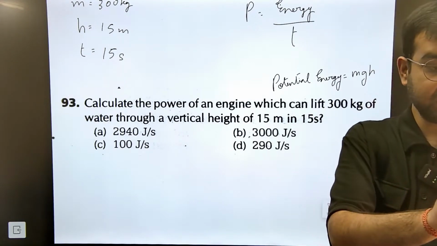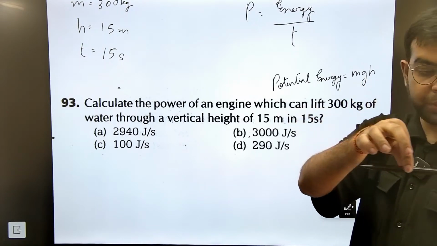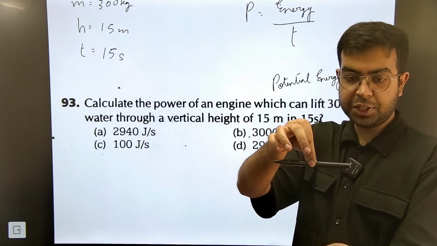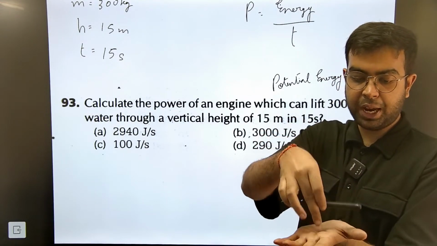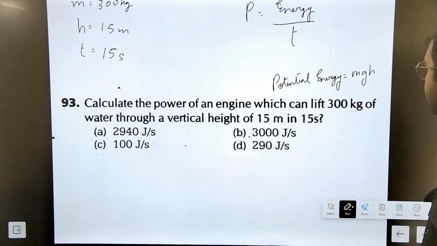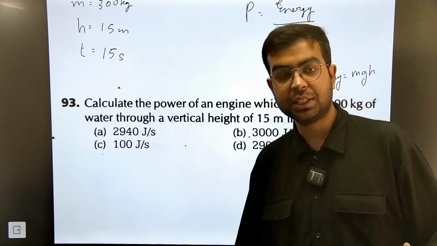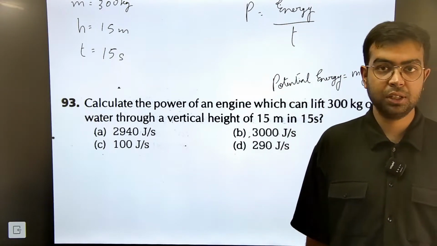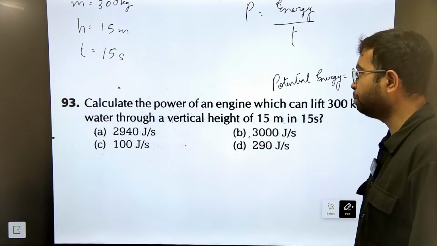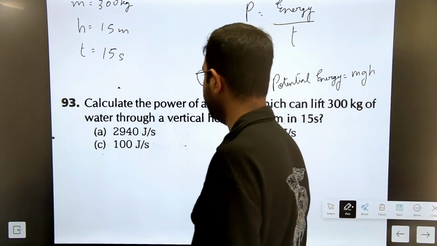Suppose the mass of this pen is m and I lift it like this, then potential energy will be mgh. m will be the mass of the pen, h will be the height or the distance between my hand, the surface and this pen. This is h. And what is g? G is nothing but the acceleration due to gravity. We studied about the acceleration due to gravity, remember, small g. The value of g we know is 9.8 meter per second square. Okay?